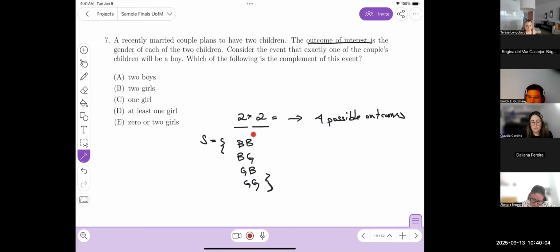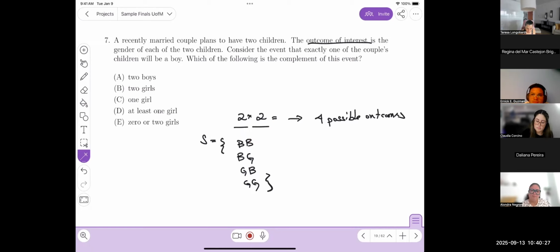So that's 4 possible outcomes. Now, we define an event from that sample space. It seems like it's supposed to be simple, but do it step by step, right? Like the way I outlined before.